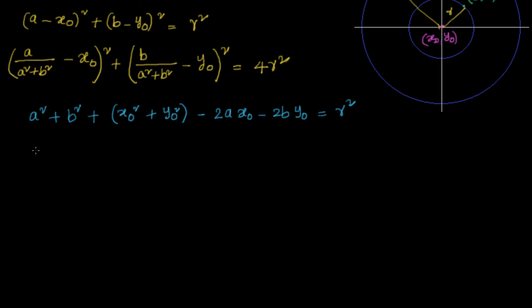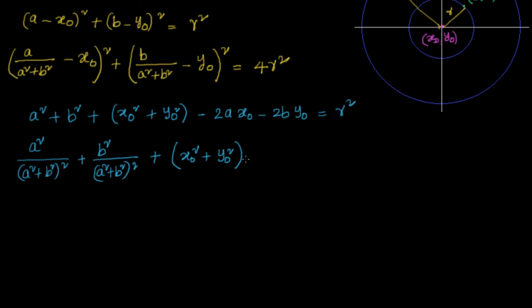Let's go to the second condition. What will the second condition give me? Second condition will give me a square by (a square plus b square) whole square plus b square by (a square plus b square) whole square plus x naught square plus y naught square minus 2a x naught by (a square plus b square).